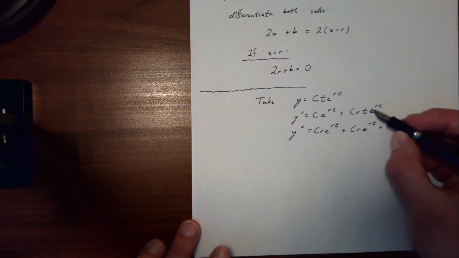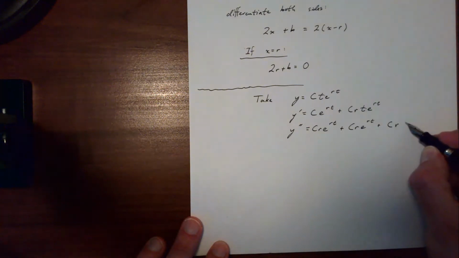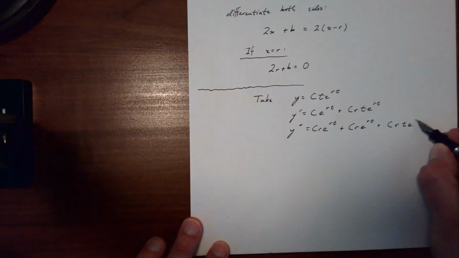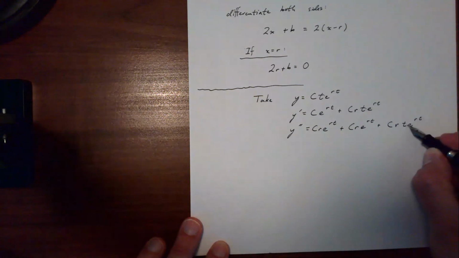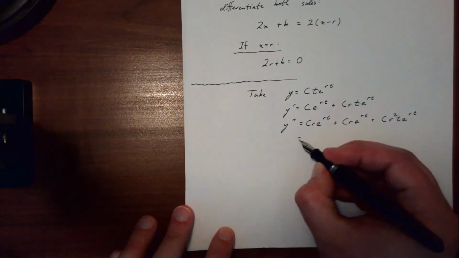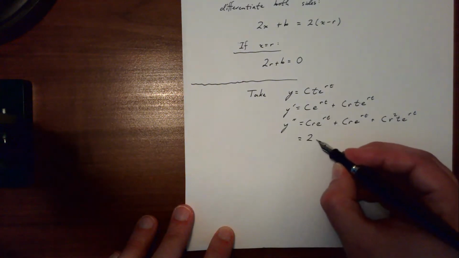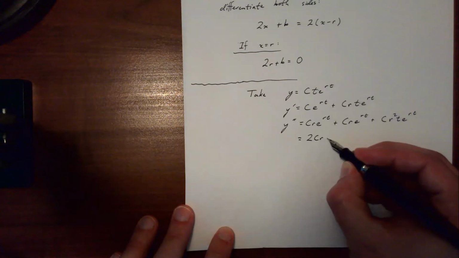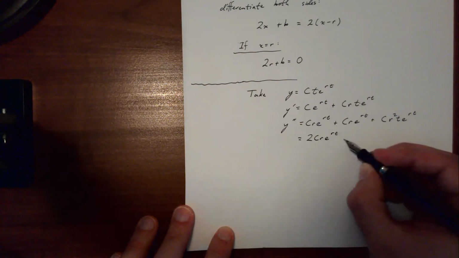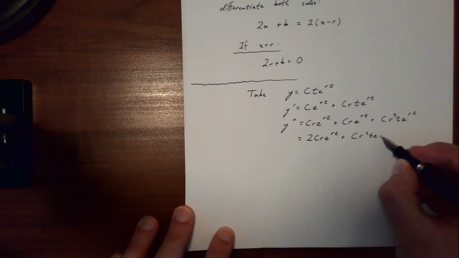Plus, now leave the first alone and take the derivative of the second, so it's going to be crt times the derivative of e to the rt, which is going to bring down an extra r, which is going to make that cr squared. So that's going to equal 2cr e to the rt plus cr squared t e to the rt.